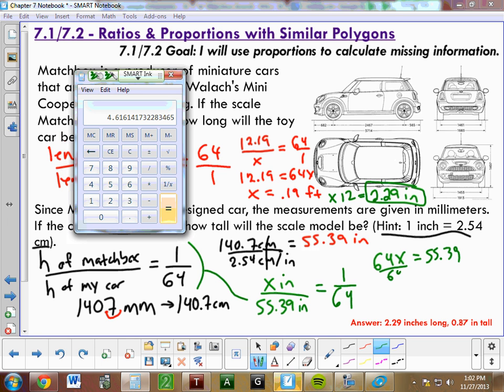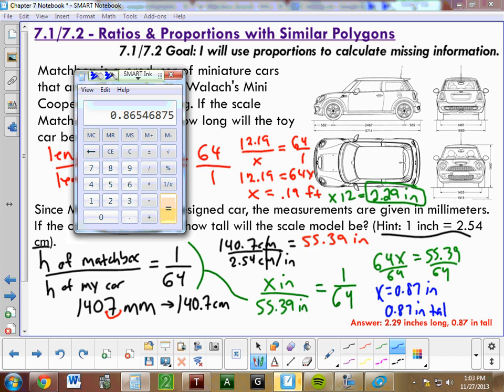If I divide 55.39 by 64, that equals 0.87 inches. So it's just 0.87 inches tall.